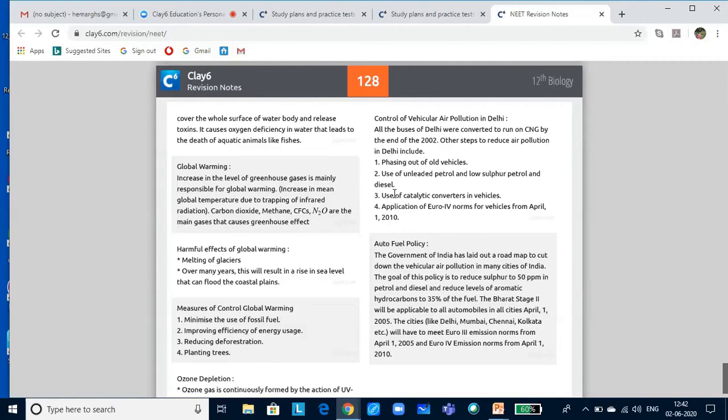The main gases responsible for the greenhouse effect are carbon dioxide, methane, CFCs or chlorofluorocarbons, and nitrous oxide. It is selective energy absorption by carbon dioxide in the atmosphere which allows short wavelength energy to pass through, but it will absorb the larger wavelengths and reflect heat back to Earth.